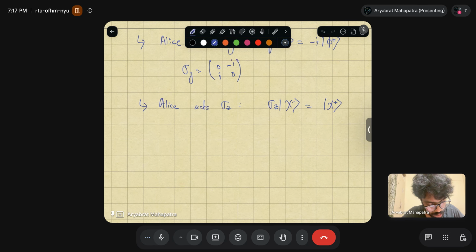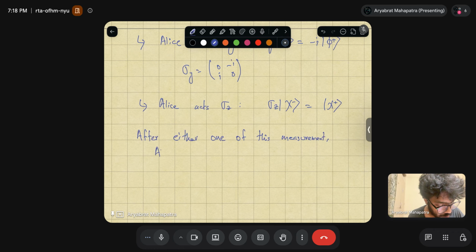Now, what does Alice do after this? After either one of these measurements, Alice sends her qubit to Bob.